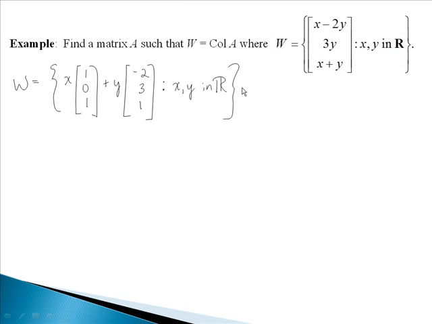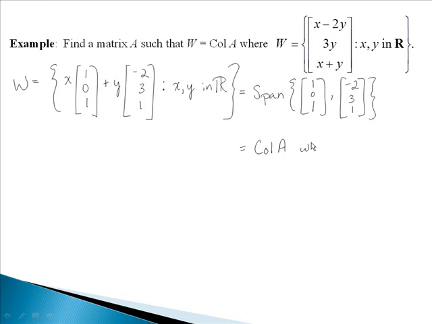So W is the span of my two vectors, 1, 0, 1 and -2, 3, 1. And that is the definition of the column space of a matrix A, where A is equal to this matrix that has those vectors as the columns. So this is my matrix A that satisfies this.